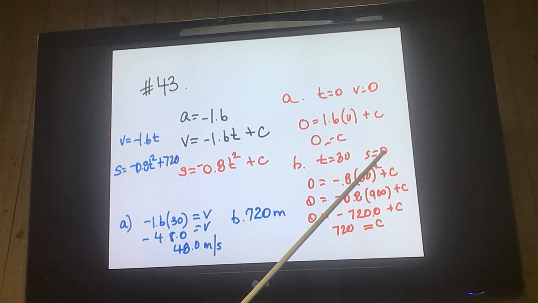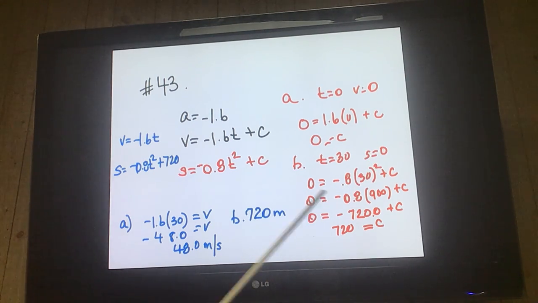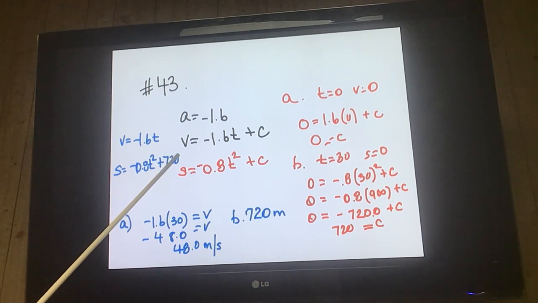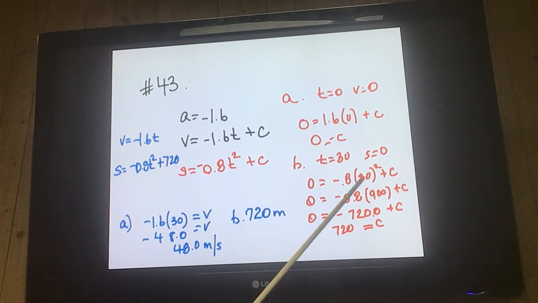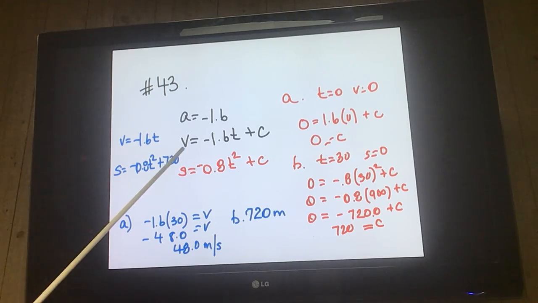So I'm going to put 0 in for my s, and 30 in for my time, in this equation here to find out what the c is. 30 squared is 900. 900 times negative 0.8 is negative 720. C equals 720. So here's my position equation.